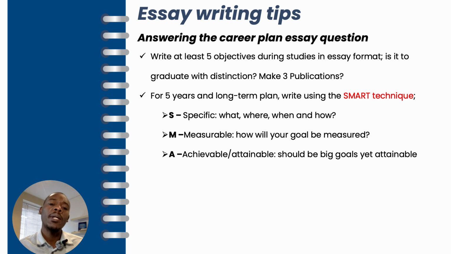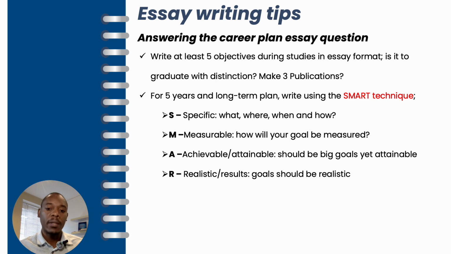Even as you dream big, it should be realistic. It shouldn't be something out of this world. So ensure that you are specific, you are able to measure it, it's achievable, and it's realistic.